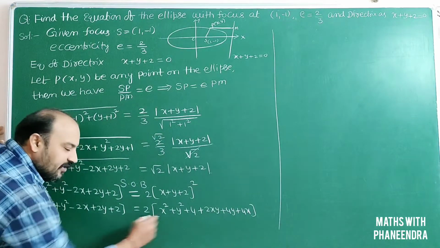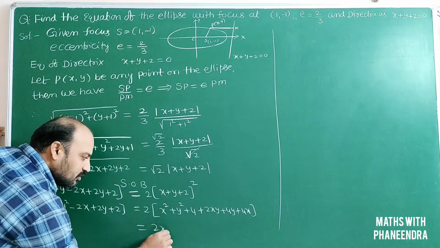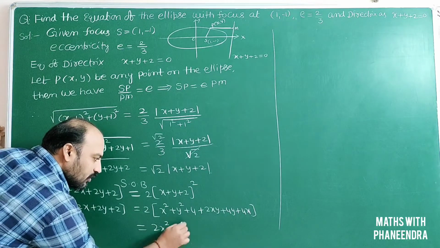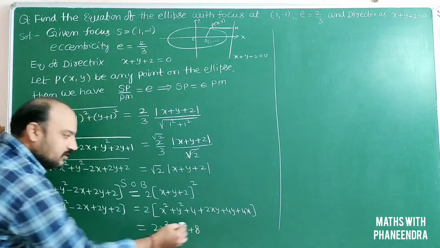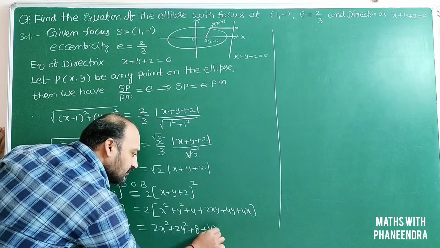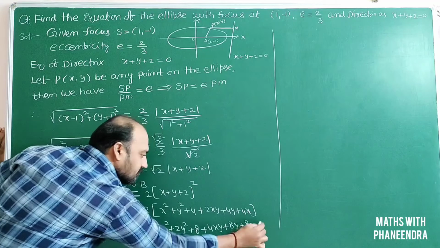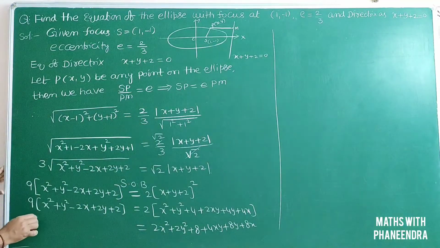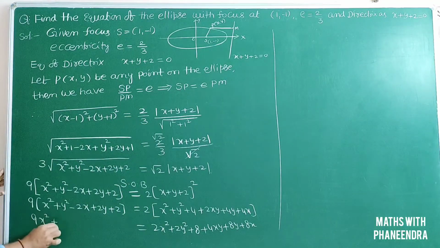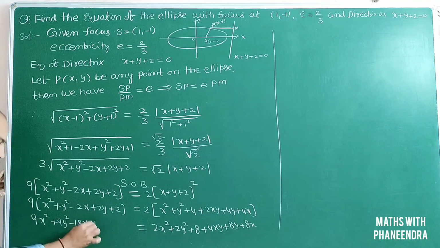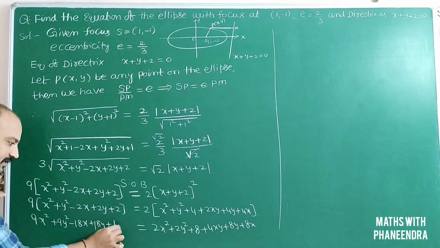So here each and every term multiplying by 2: 2x square plus 2y square plus 8 plus 4xy plus 8y plus 8x. This side: 9x square plus 9y square minus 18x plus 18y plus 18.